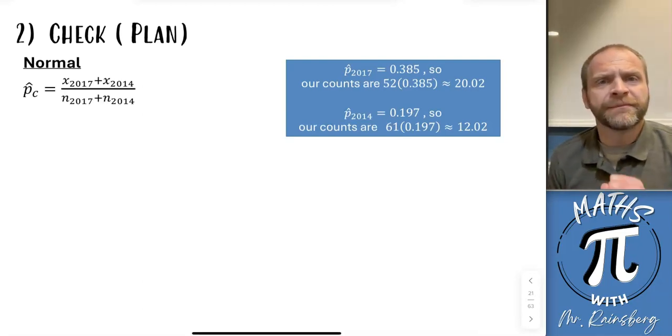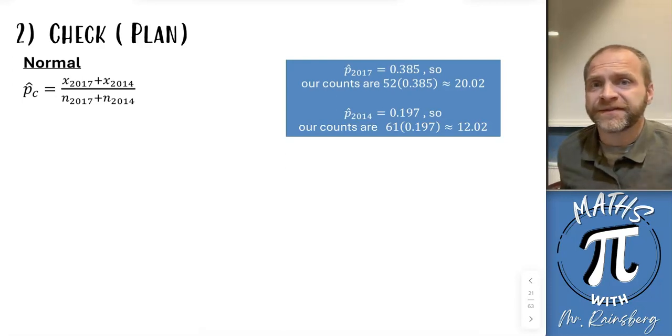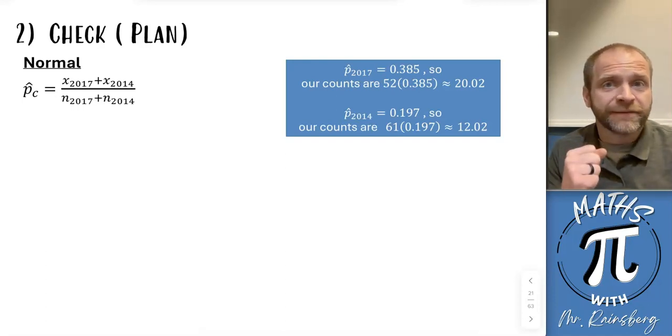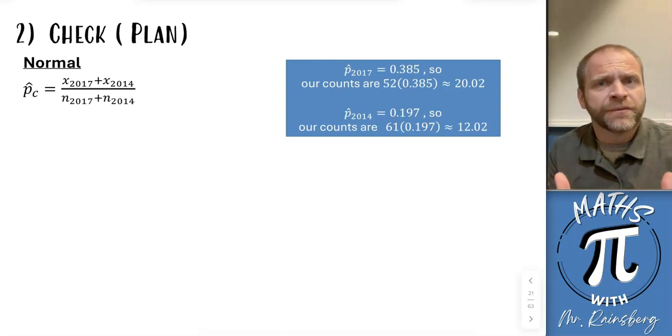Remember, when we're dealing with a significance test with two proportions, we need to do a combined proportion between them. Since our null hypothesis says they are equal to each other, we're going to get a better proportion to use. We are going to combine all the successes from 2017, combine all the successes from 2014, and divide by the total sample size from both years.